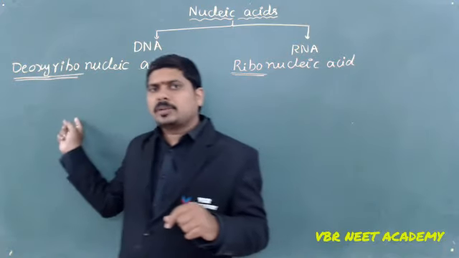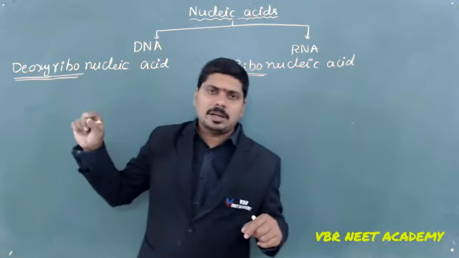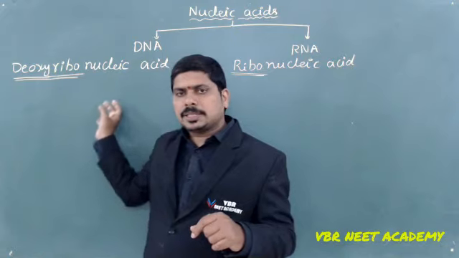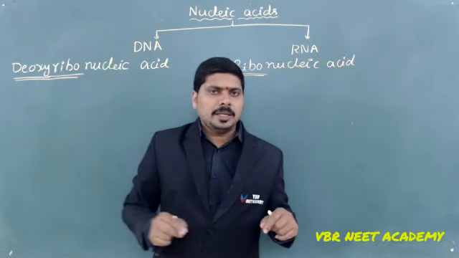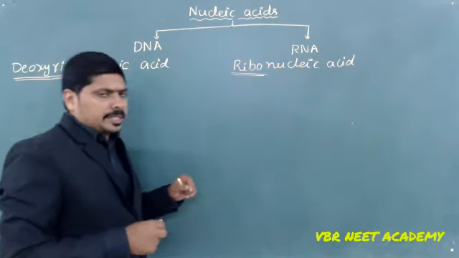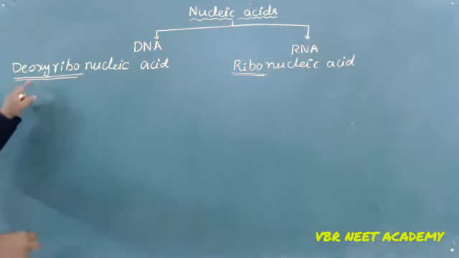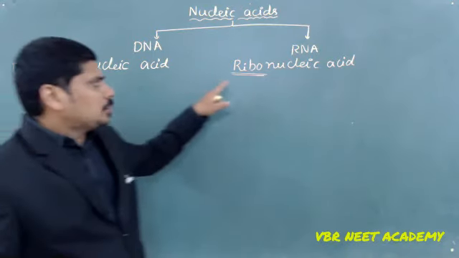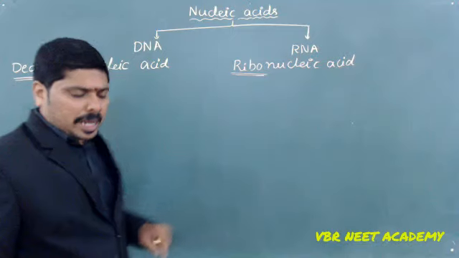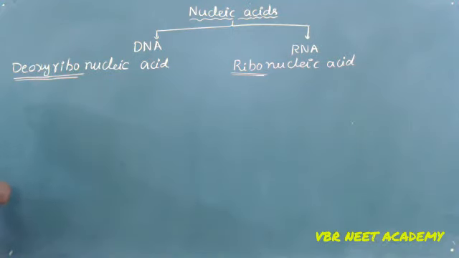And again we are going to see the structure and all after we discuss something regarding DNA and RNA. Structural peculiarities we will see later. This is called deoxyribonucleic acid, this is called ribonucleic acid, and this is going to be double stranded.